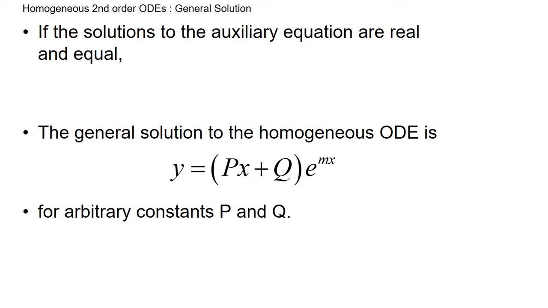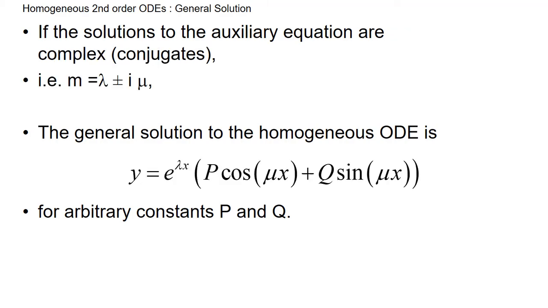And the third case is if our roots are complex. Now, because we're assuming that we're starting off with real coefficients a, b, and c, if we're going to get complex roots, they will form a complex conjugate pair. Lambda plus or minus i, the imaginary number, times mu. So we've got a real part, lambda, and an imaginary part, mu.